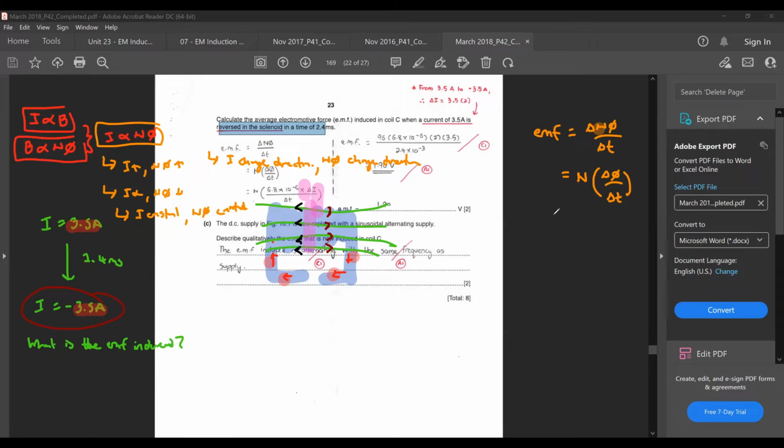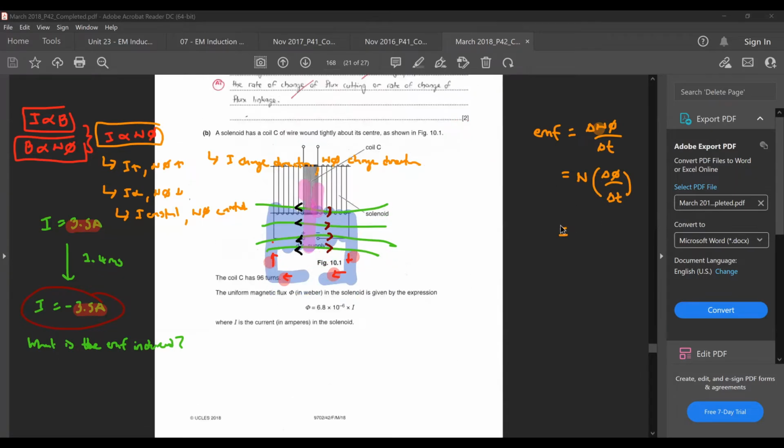Now, the equation that you have before this was just telling you flux is what value at a certain current value. So here, if flux is 6.8 times 10 power minus 6 i, change in flux would be 6.8 times 10 power minus 6 times the change in current.